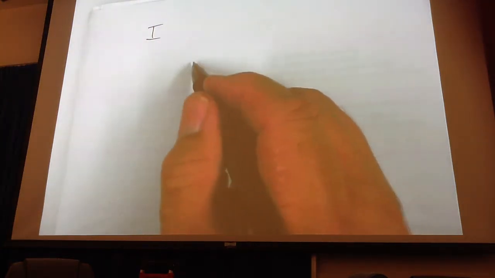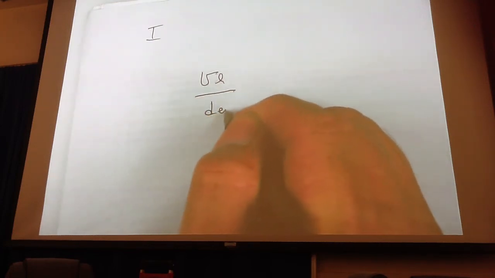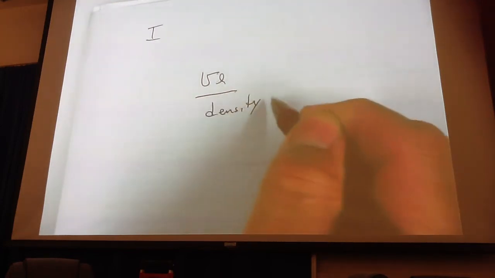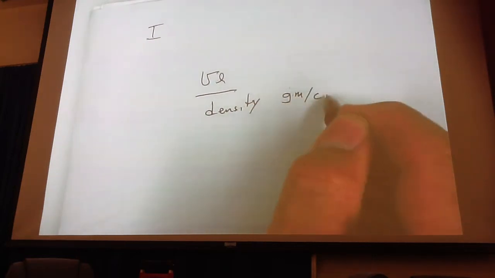For the mass attenuation, we basically take the linear attenuation and divide it by the density. Remember, the density is usually grams per cubic centimeter.